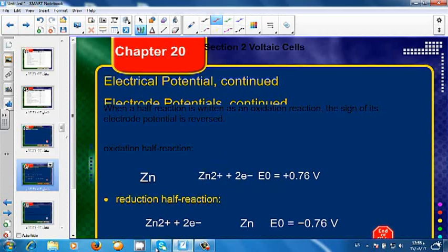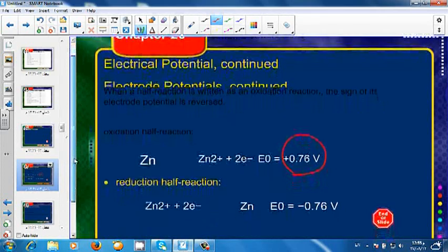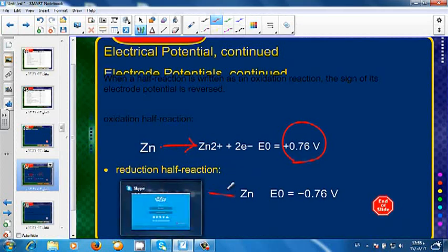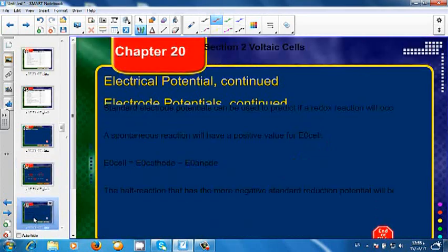So when zinc loses electrons, the electrode potential is positive 0.76 volt, when it loses the 2 electrons, and when it gains the electrons, this is the value negative 0.76 volts. So as you see, when you change the reaction from the forward reaction to the reverse reaction, you have to change the sign as I told you, according to the given.